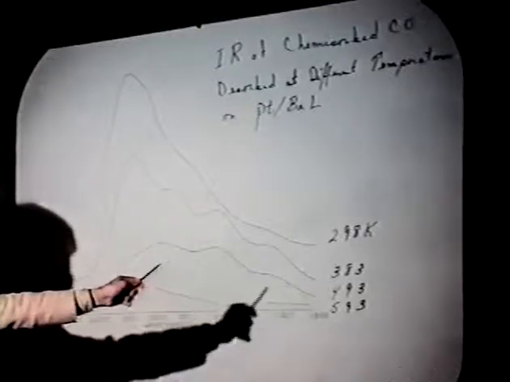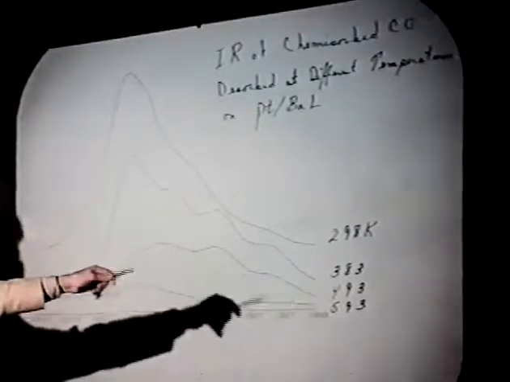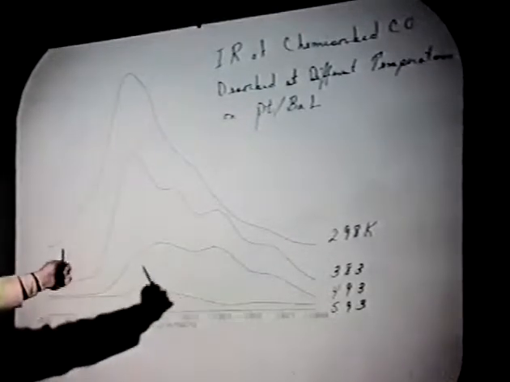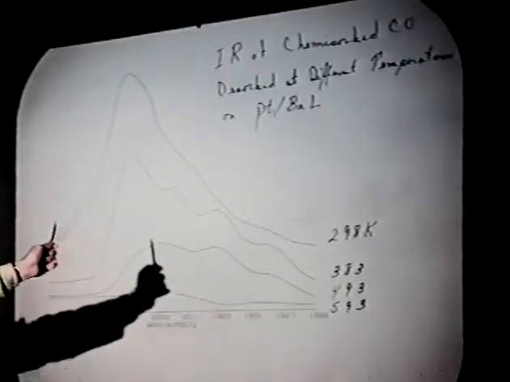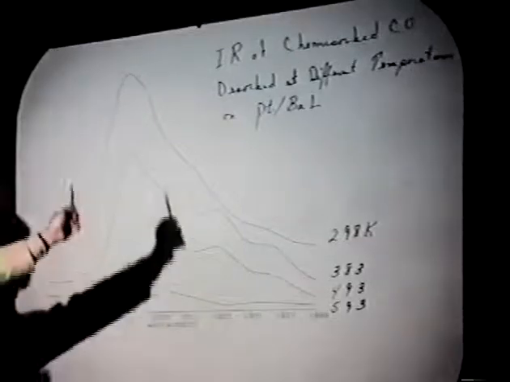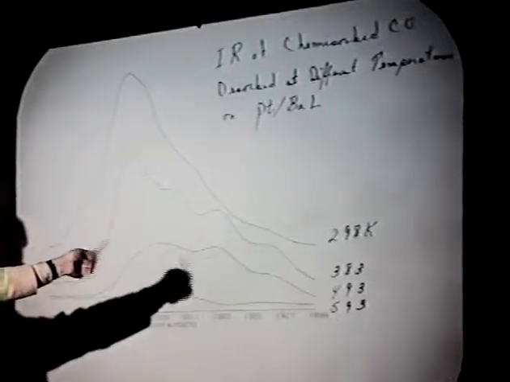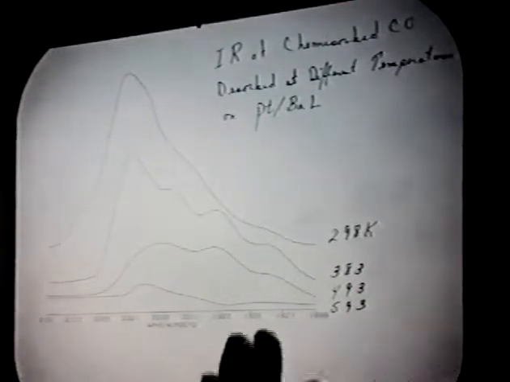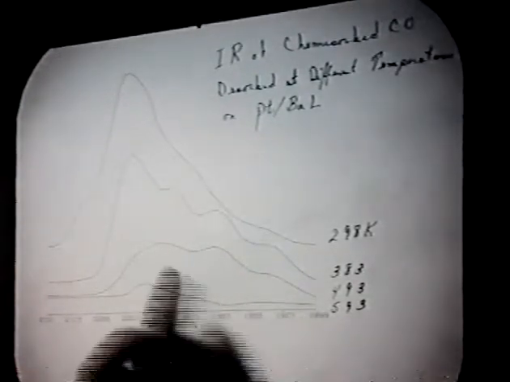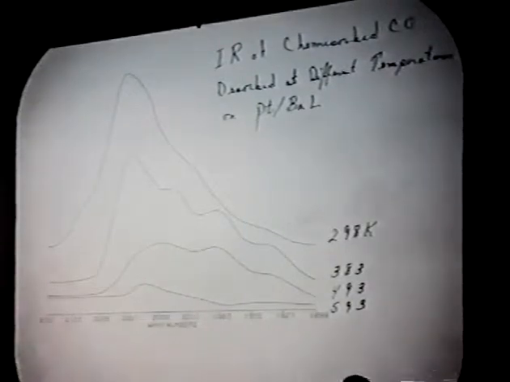So we chose to compare them now at 493, where there's still quite a significant coverage of CO and several different states moving to low frequency, but certainly the coverage is decreased enough that one might expect that dipole-dipole coupling shouldn't interfere with determining whether there are shifts to low frequency that conceivably could be interpreted as the result of the platinum being electron-rich.